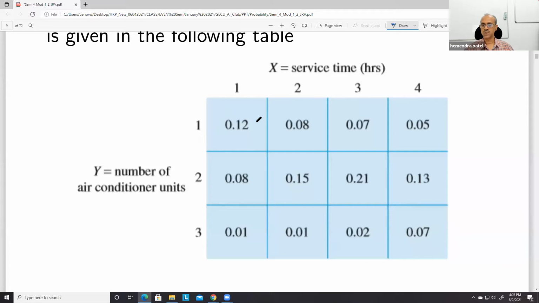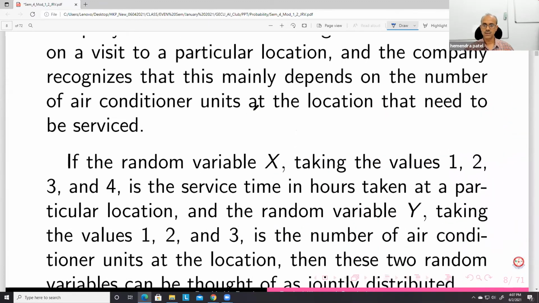So this is the probability to maintain 1 air conditioner in 1 hour of time, 0.12. This is the meaning of this number. Similarly, for 2 hours and 1 air conditioner, the probability of maintaining 1 air conditioner in 2 hours of time is 0.08. You will see this problem a little later.